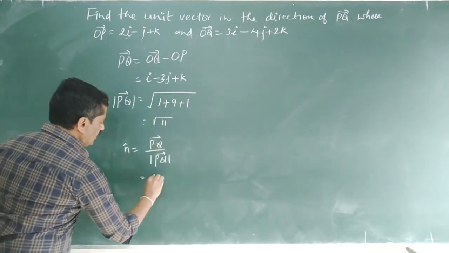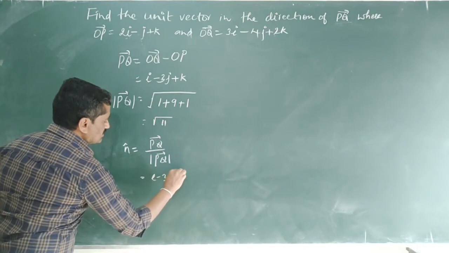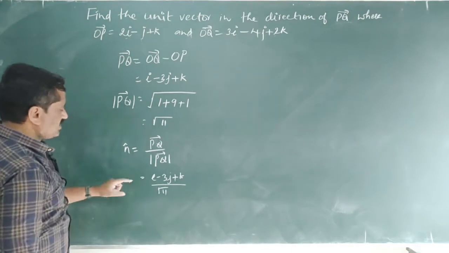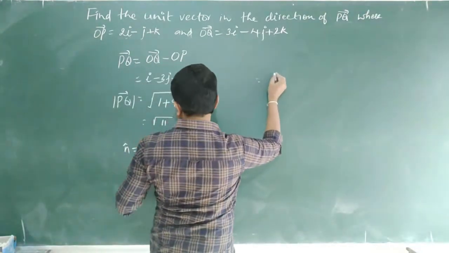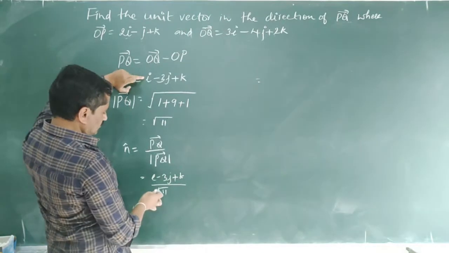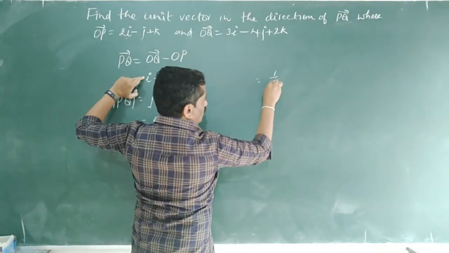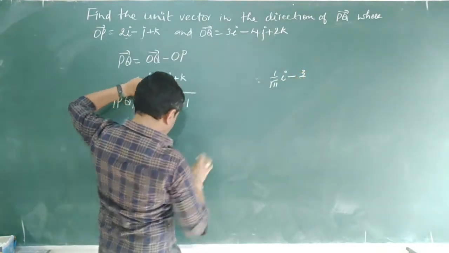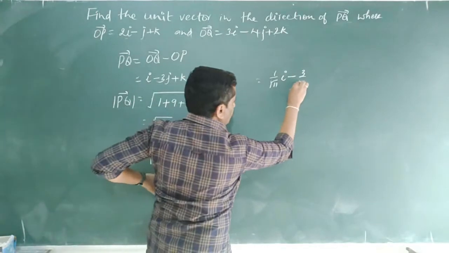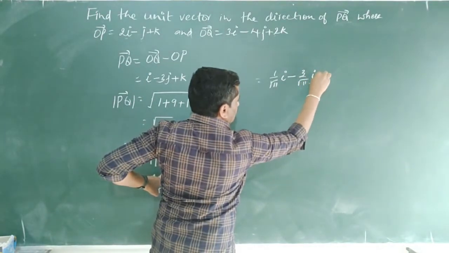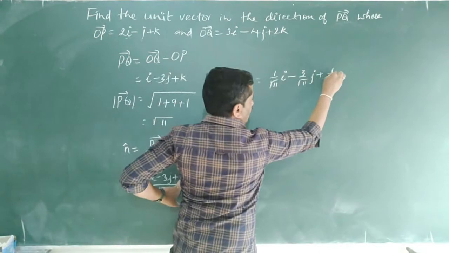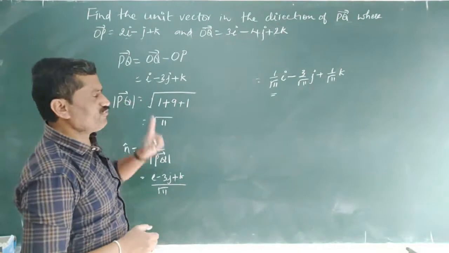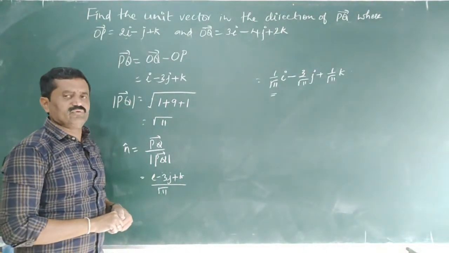I minus 3j plus k whole divided by root 11, or this can be written as 1 divided by root 11 into i, again minus 3 divided by root 11 into j, again plus 1 divided by root 11 into k. So this is the unit vector in the direction of the vector PQ.